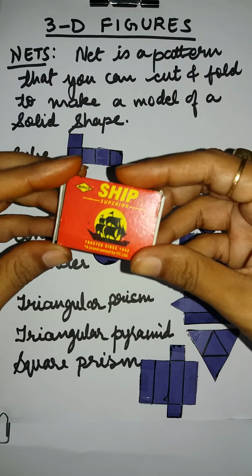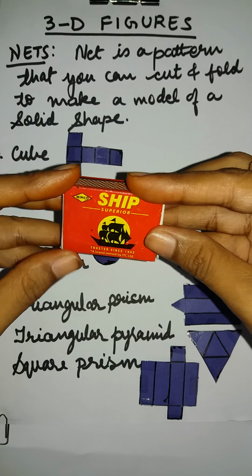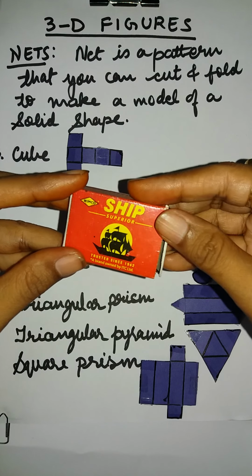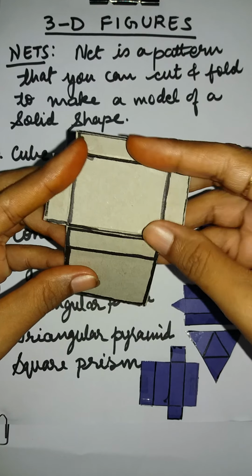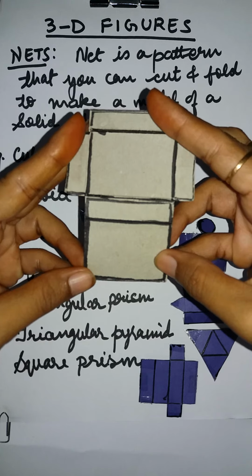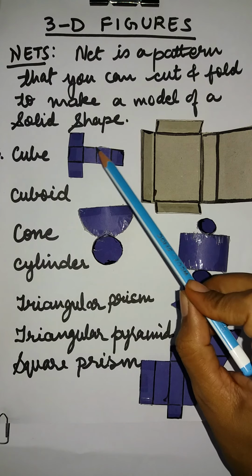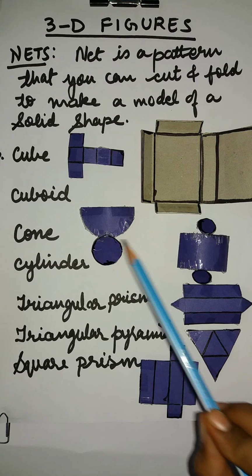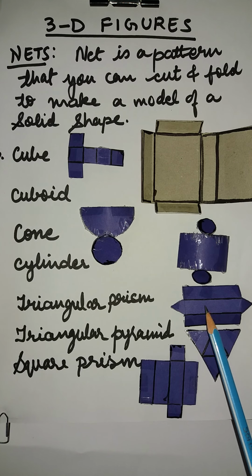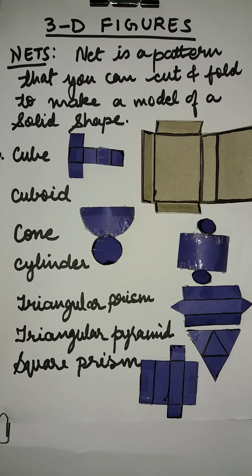Like we have this cuboid matchbox. If we cut it from any place and we unfold it, we can see the net of this cuboid. Similarly, there are nets of cube, cone, cylinder, triangular prism, triangular pyramid and square prism.